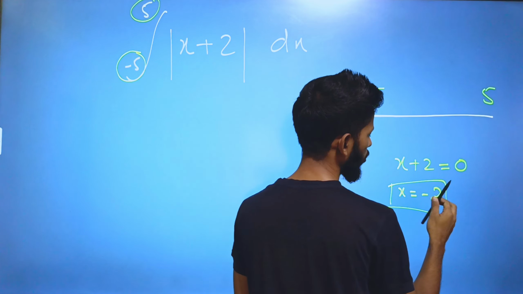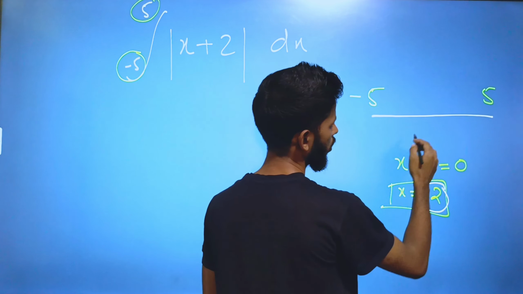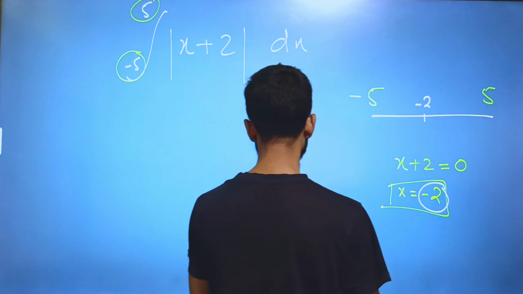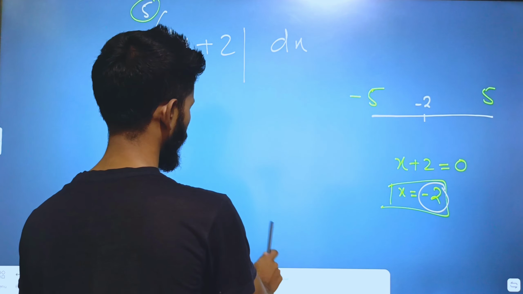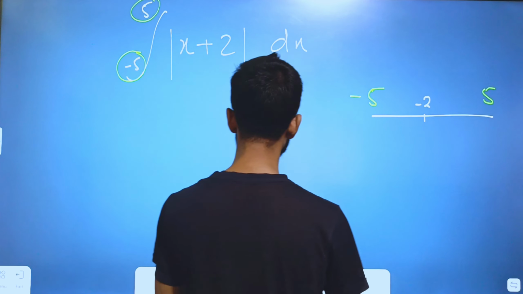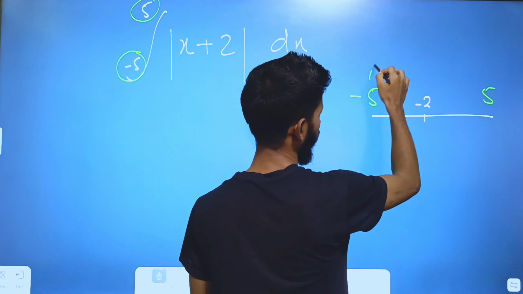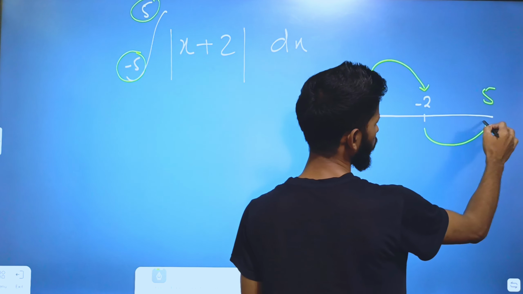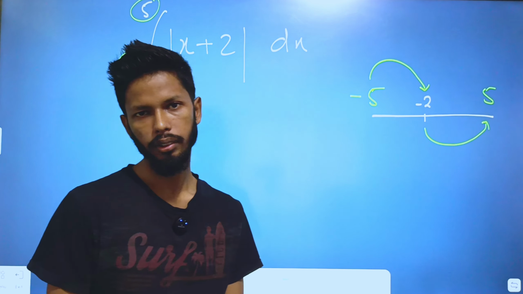It means at the minus 2 point we will rest. So for example, here is our minus 2. Now you can see that we have two intervals: minus 5 to minus 2 and minus 2 to plus 5. These two intervals we have.